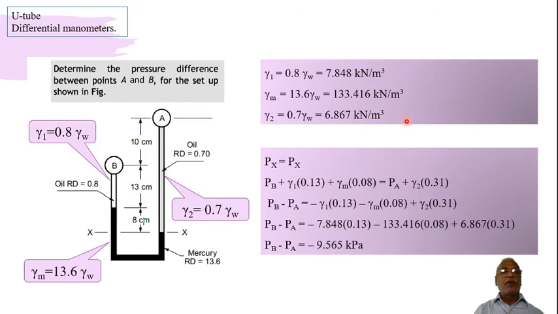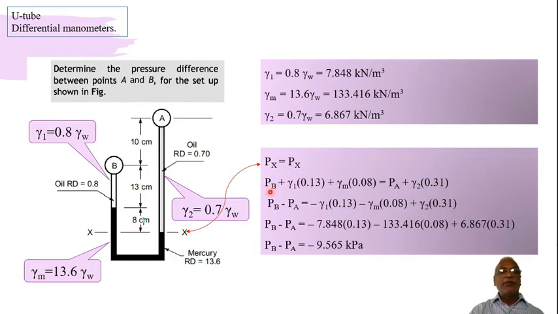Now here I have written at level XX, Px is equal to Px. Px on the left hand side is equal to Px on the right hand side. On the left hand side, this Px is written in terms of Pb. How do I write? Pb plus gamma 1 into 0.13 plus gamma m into 0.08.